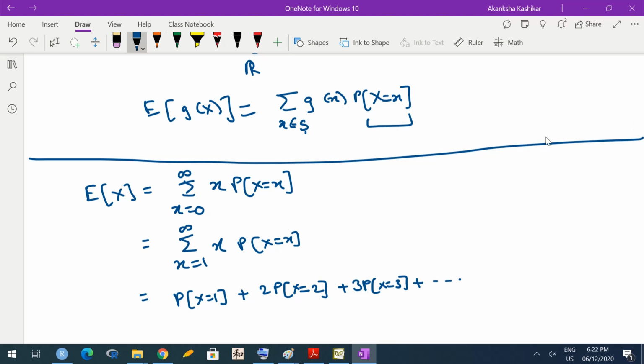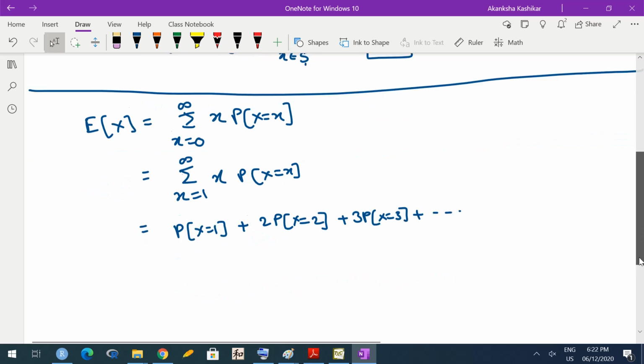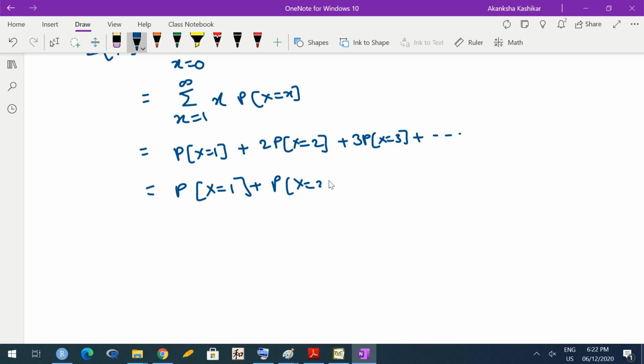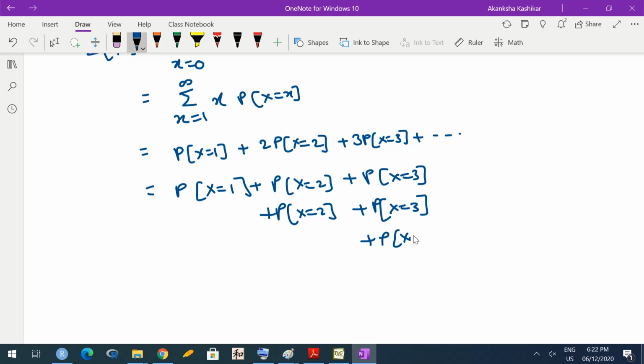Let me try to rearrange these terms a bit. This becomes probability of X equal to 1, plus, the twice term, I write as probability of X equal to 2 plus probability of X equal to 2. The third term is thrice, so I write it as probability of X equal to 3 plus probability of X equal to 3 plus probability of X equal to 3, and so on. Let me focus on the first row.